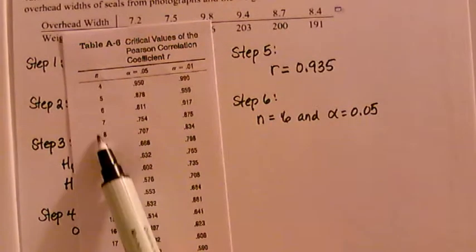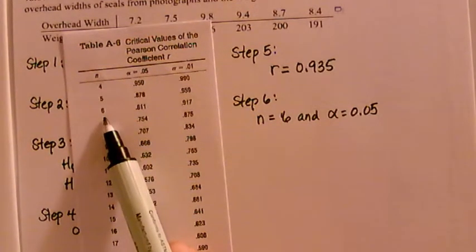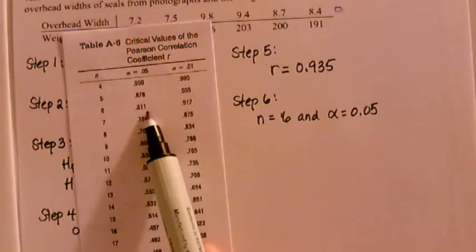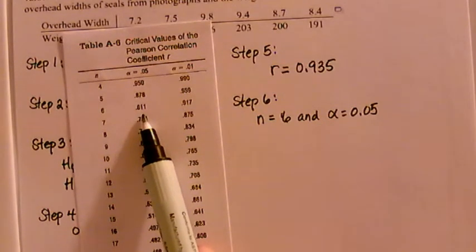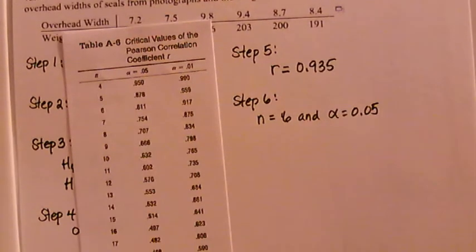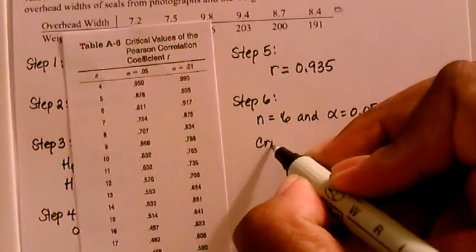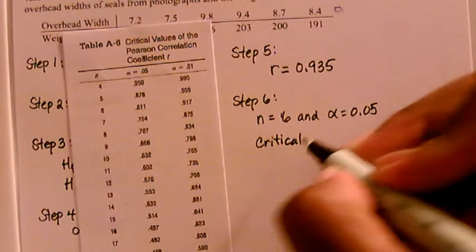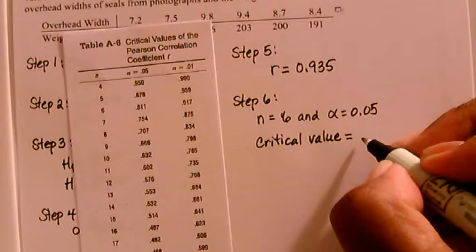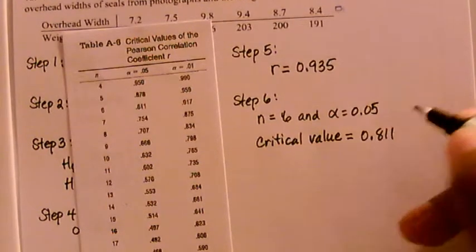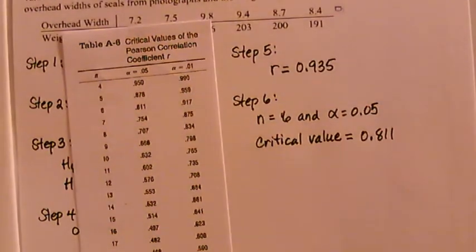Here we've got 6 paired data, and the alpha level is 0.05. That's the first column, so that critical value is 0.811. So that critical value for 6 paired data at the 0.05 level of significance is 0.811.